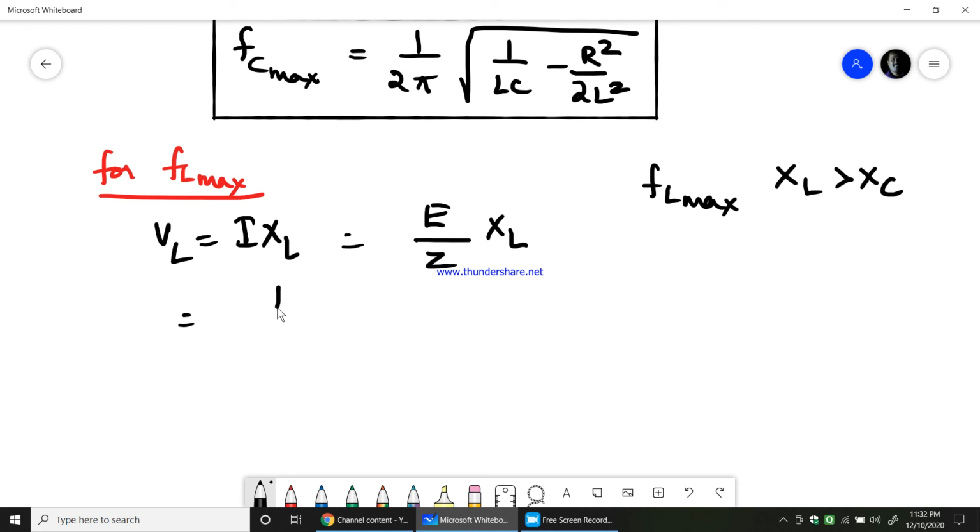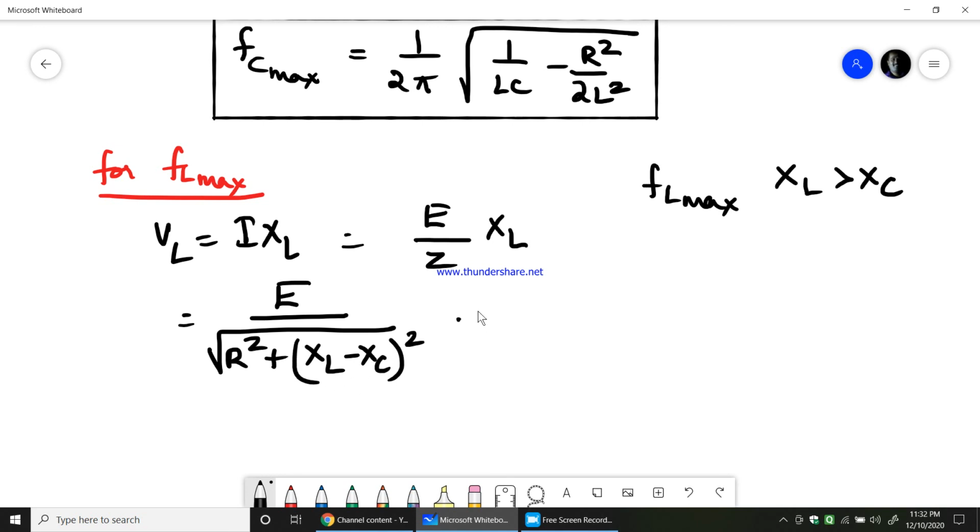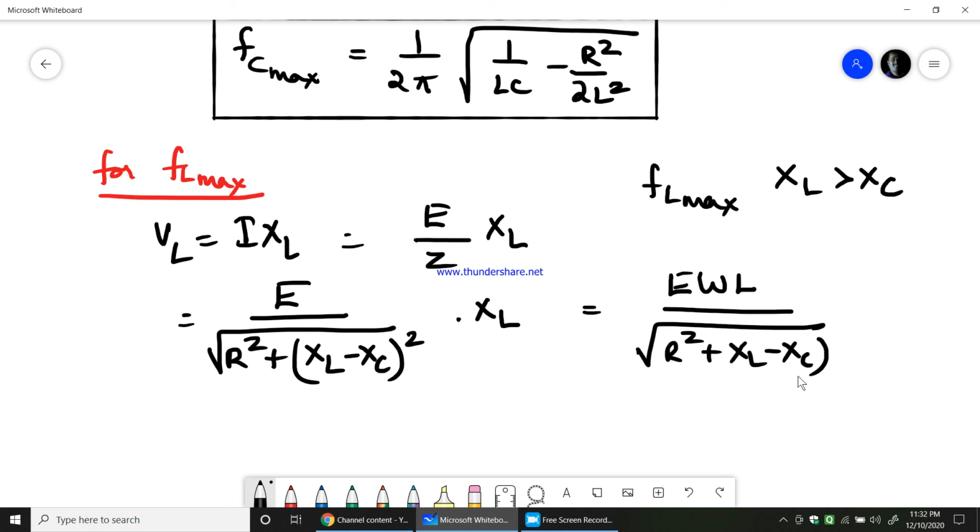Therefore Z becomes the square root of R square plus (XL minus XC) the whole square, and VL is E divided by that, into XL. Therefore I can easily write this as E omega L divided by the square root of R square plus (XL minus XC) the whole square.